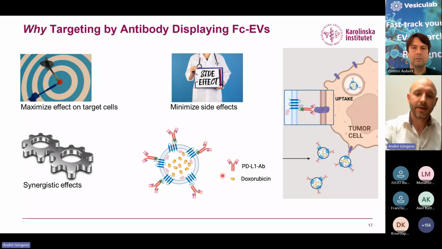If we then load the EVs with doxorubicin, this should have a cancer-killing effect at the tumor site, which will increase the release of neoantigens, further activating and enhancing the function of the checkpoint inhibition by the PD-L1 antibody.